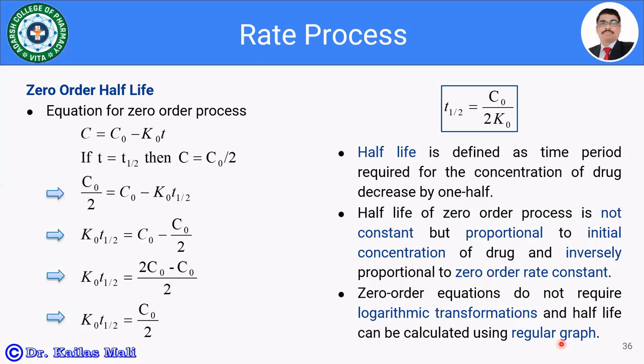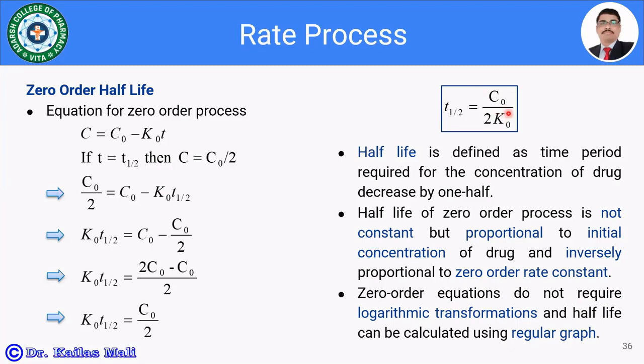Simply, whatever the data is, concentration versus time, just plot it on regular graph paper with time on the x-axis and C on the y-axis. You will get a straight line. Calculate the slope value. It is possible to calculate the value of K, the zero order rate constant. From the y-intercept, you will get the value of C0.